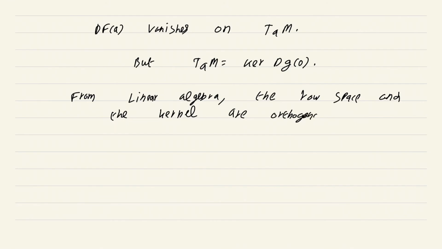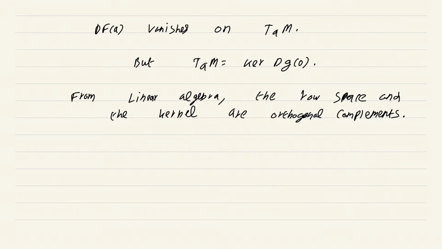So if you have a matrix, then the row space and the kernel of that matrix are orthogonal complements, not orthogonal matrix. Orthogonal matrix means something entirely different. So elementary linear algebra will tell you that the row space and the kernel are orthogonal complements.